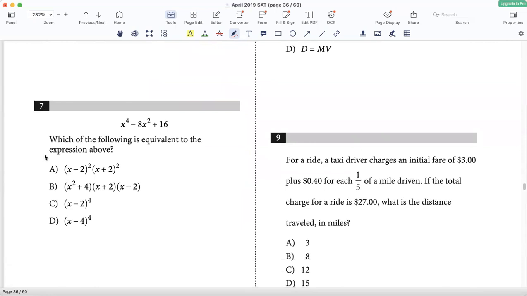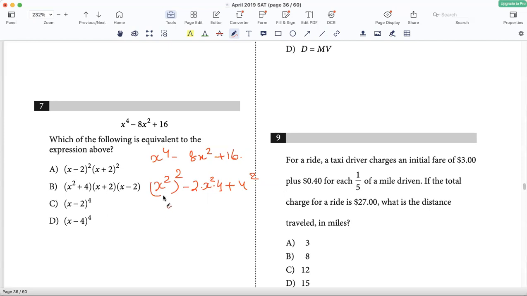Question 7. Which of the following is equivalent to the expression above? X to the power 4 minus 8x squared plus 16. Now we can write this as x squared the whole square plus 4 squared minus 2 times x squared times 4.